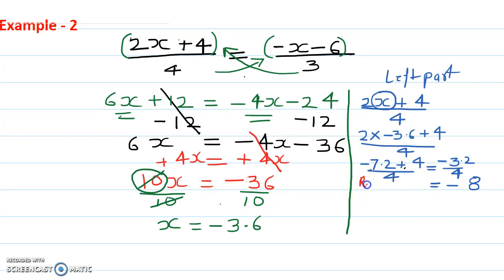Let's do the right part. The right part is minus x minus 6 over 3, and if you put x as minus 3.6, it will be like this.